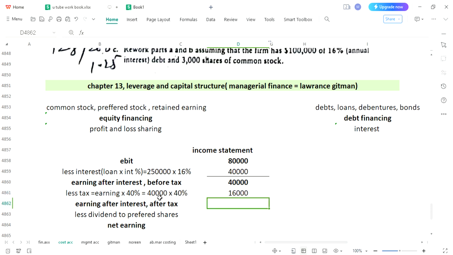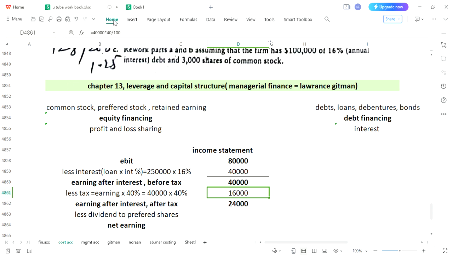Now we can calculate earning after interest and after tax. For this, previous earning was 40,000 and you will subtract amount of tax which is 16,000. We have got our earning after interest and after tax.